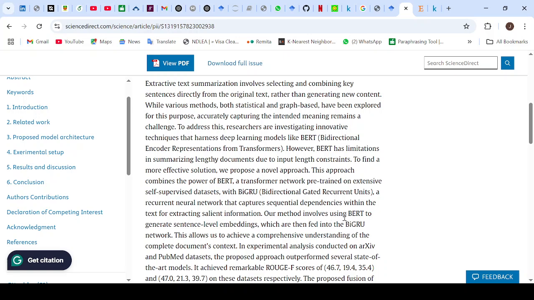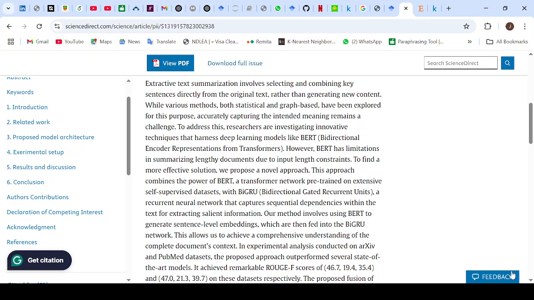Our method involves using BERT to generate sentence-level embeddings, which are then fed into the BiGRU network. This allows us to achieve a comprehensive understanding of complete document contents.